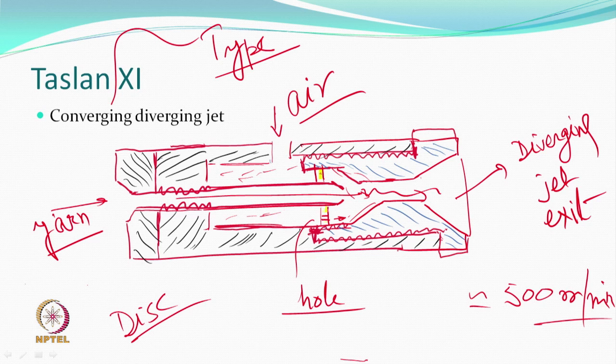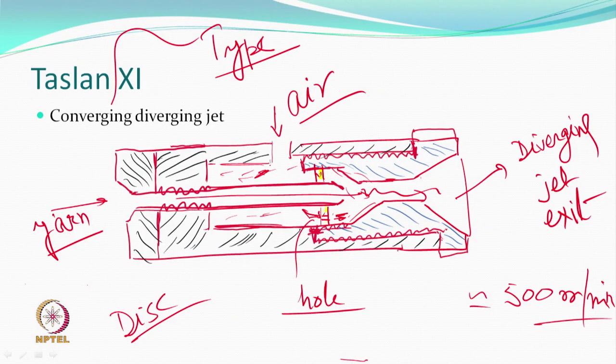How? This disc would allow the air to pass through only one hole at one side, right. So, there is a hole here. So, asymmetry was created. Why? Because they found asymmetry is better for creating more turbulence rather than symmetry. In the type 10, the air was symmetrically entering all across the feed tube and interacting with the filament at the end of the tube.